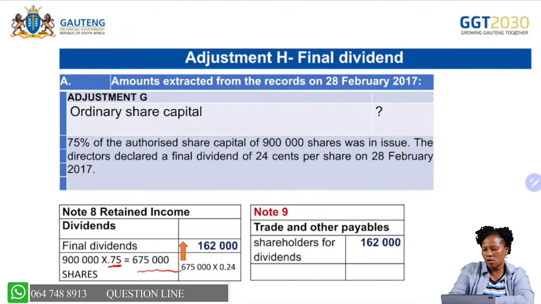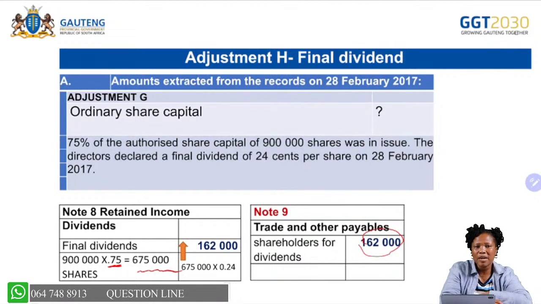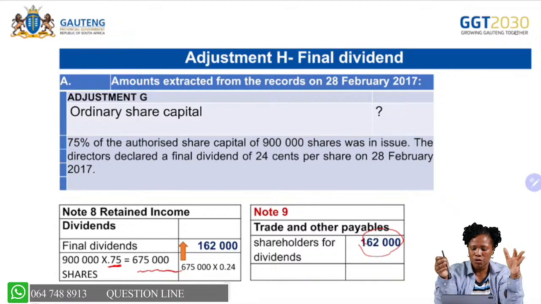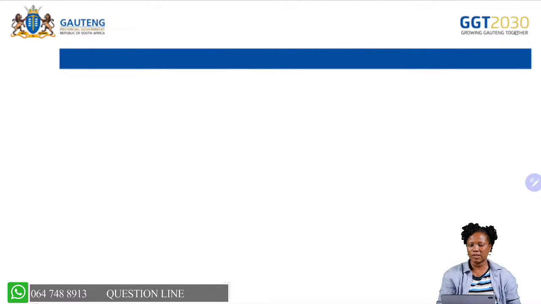We are going to record 162,000. Remember that also we said we mark you. If you decide that you record this in the face of your balance sheet, you don't record it under trade and other payables. If you decide to record it separately, we will still give you a mark for that. You are correct. I hope that has been understood.